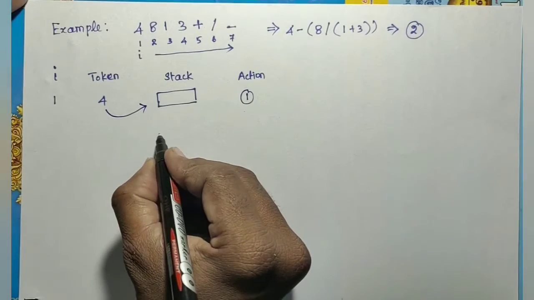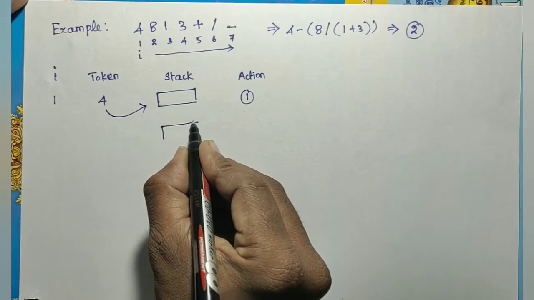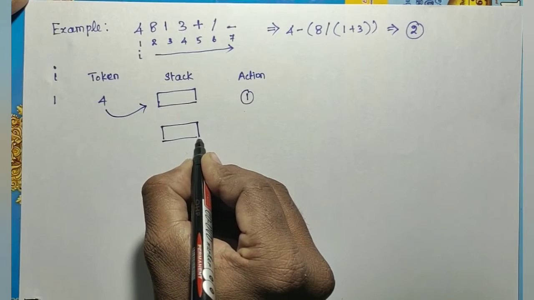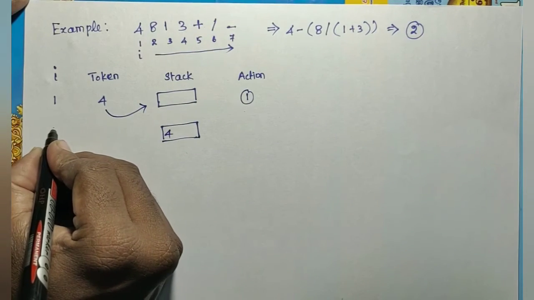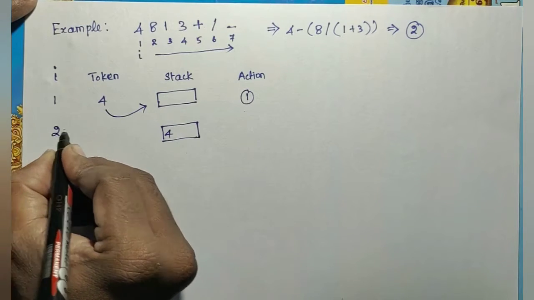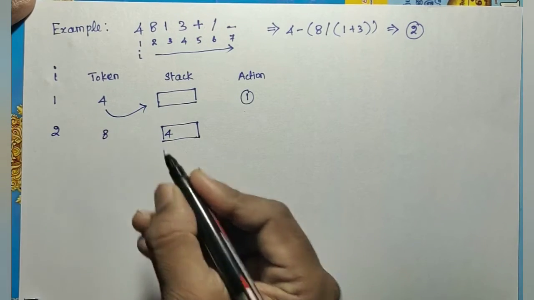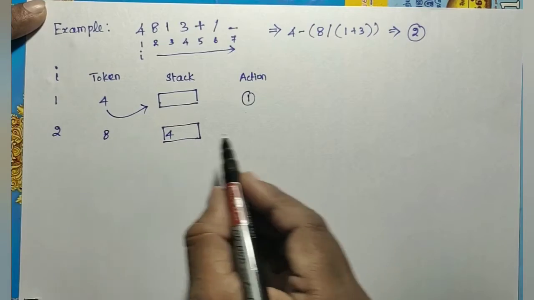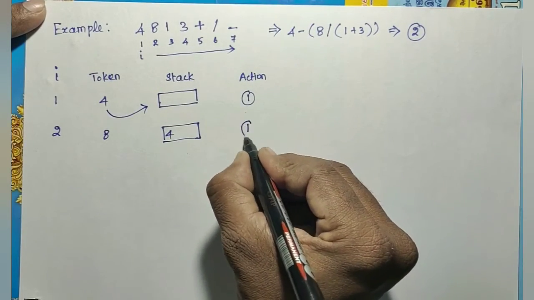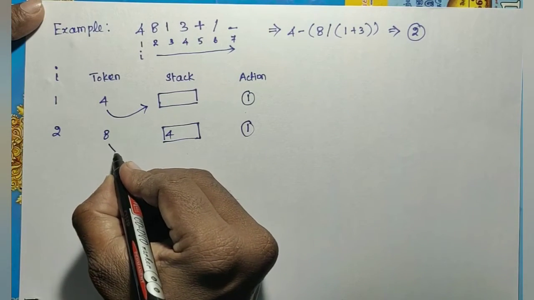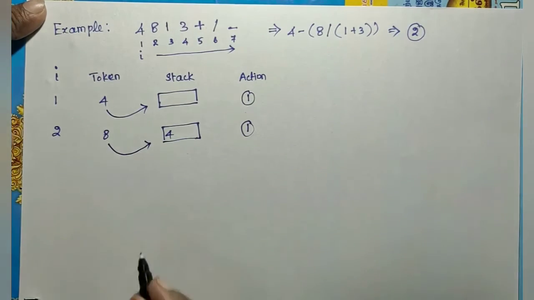So for the next iteration, the stack will be only the 4. Then I equals 2, so the token is 8. That needs to be checked. It is an operand, so the action to be performed is 1, which means it needs to be pushed into the stack.